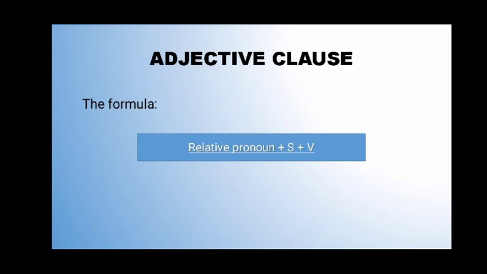Relative pronouns is a clause that starts with who, whom, which, whose, that, which serves to explain or describe a noun or pronoun. The formula is relative pronoun plus subject plus verb.